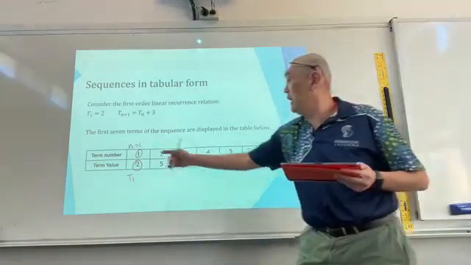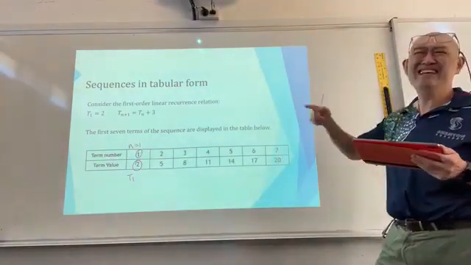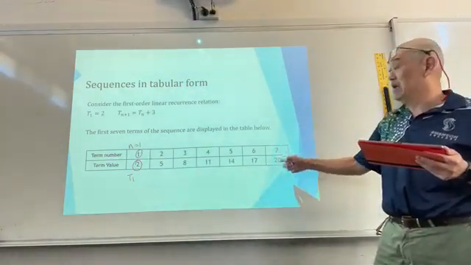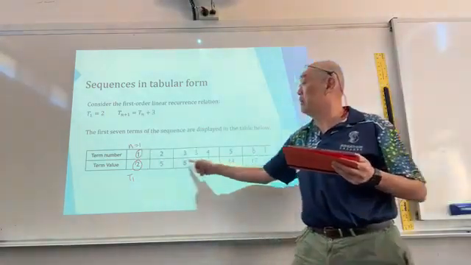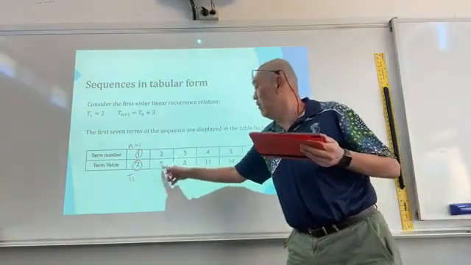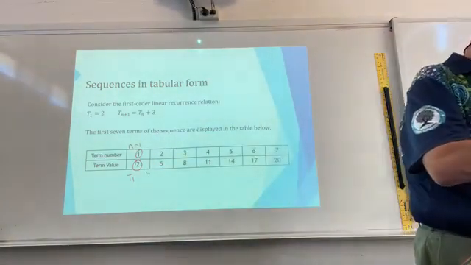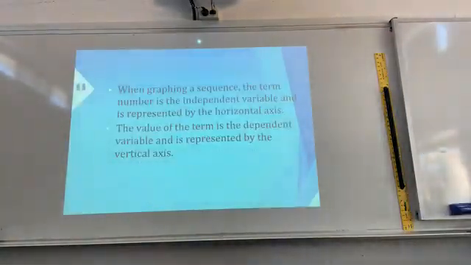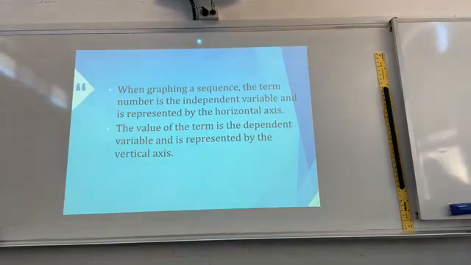So think about your x and y, that's x, that's your y. That's your equation to bring it up. And plus 3, that is your common difference. All right? When graphing a sequence, the term number is the independent variable and is represented by the horizontal axis.